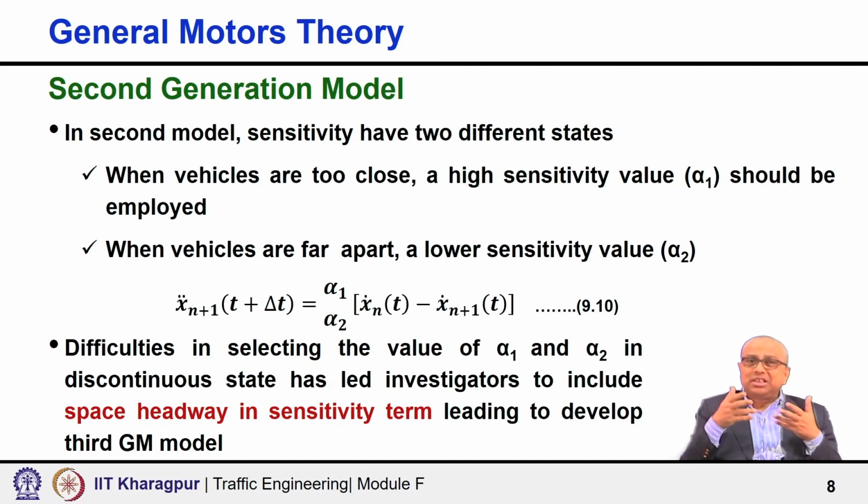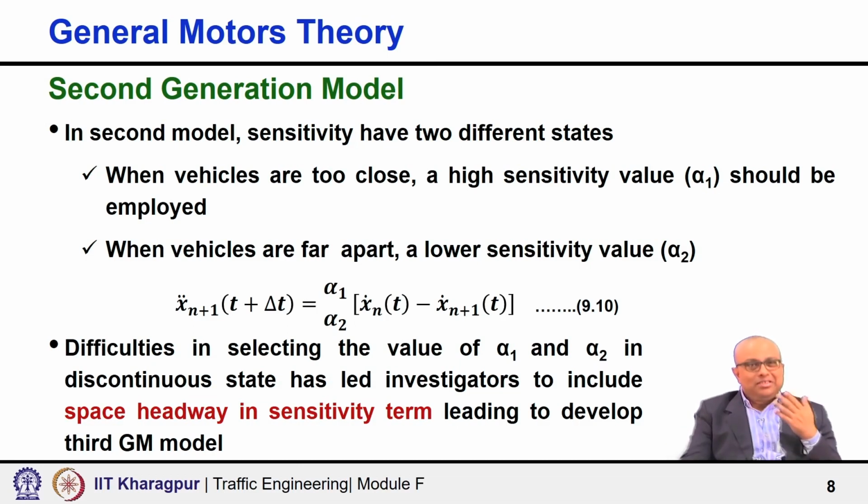That led investigators to think that instead of saying higher or lower, why do we not include the space headway in the sensitivity term itself, because it may not be just two discrete values for two ranges, but the sensitivity term itself may include space headway.